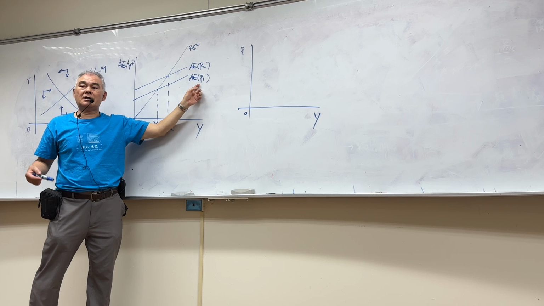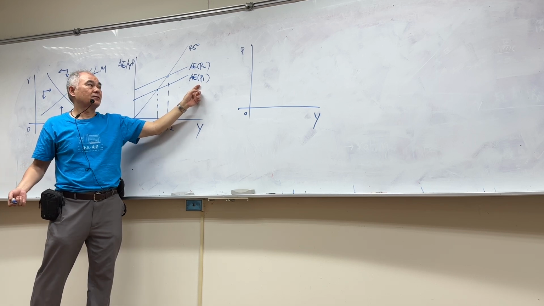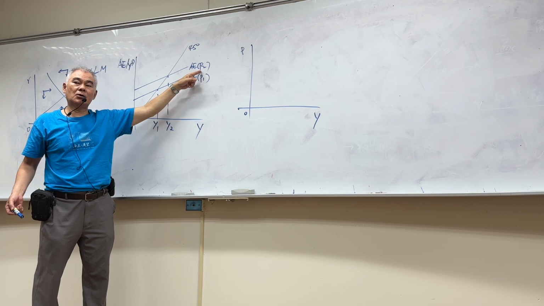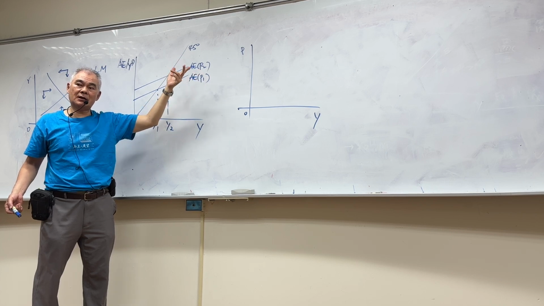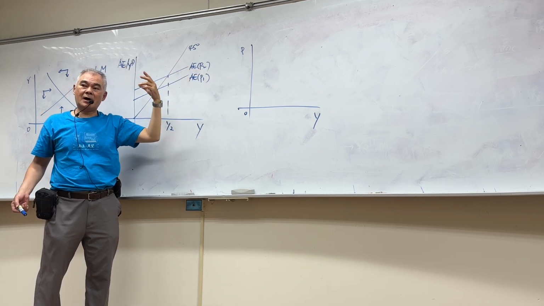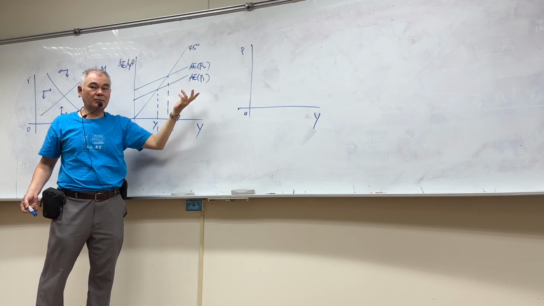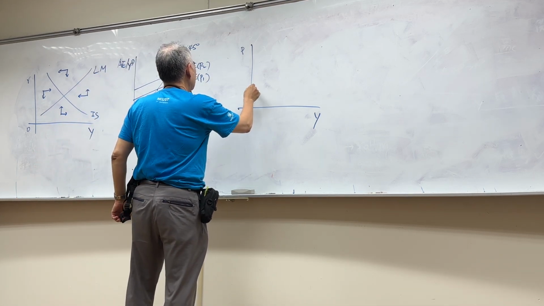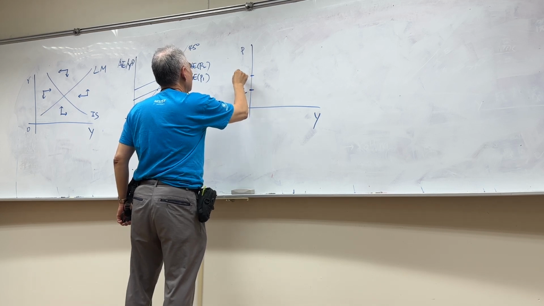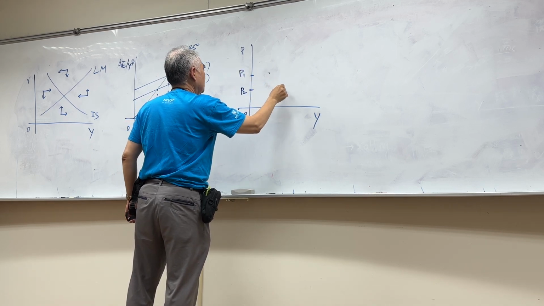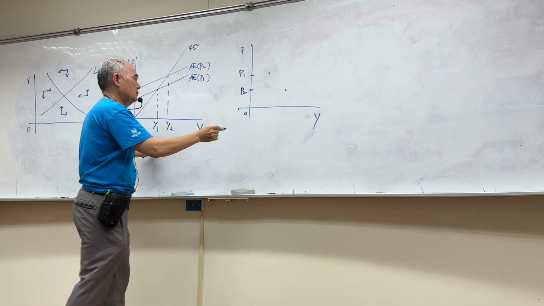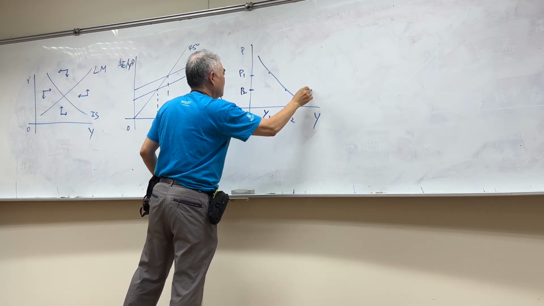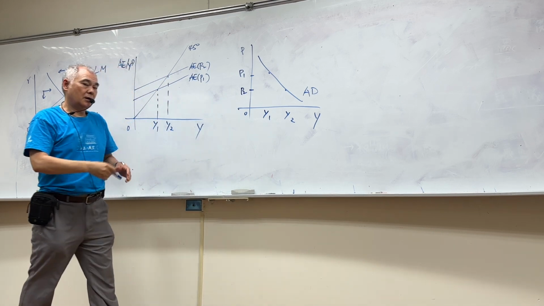So you can infer that P2 is a lower price level, because at a lower price level you can buy more goods with the same amount of money. So P2 is lower, P1 is higher, and Y1 is here, Y2 is here. So this is your aggregate demand.